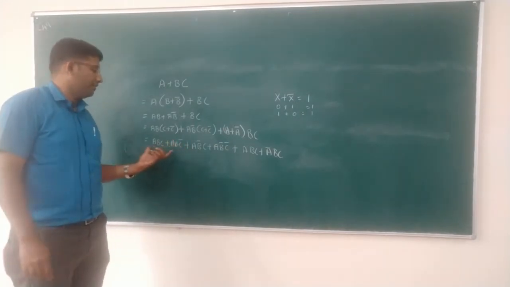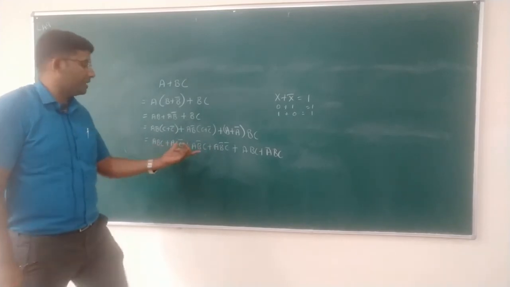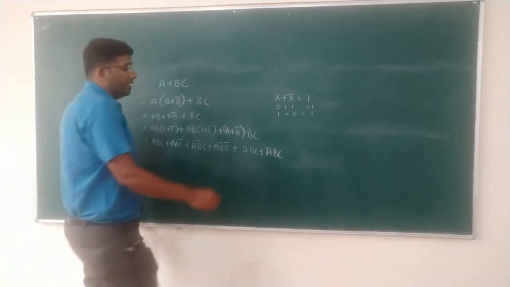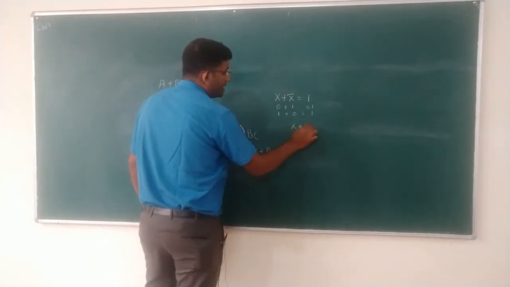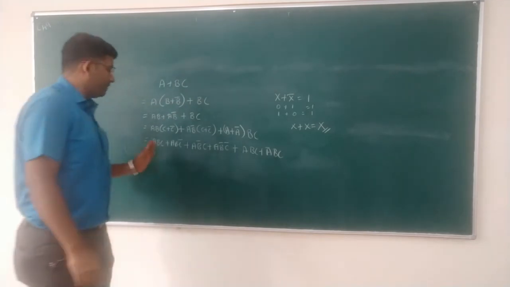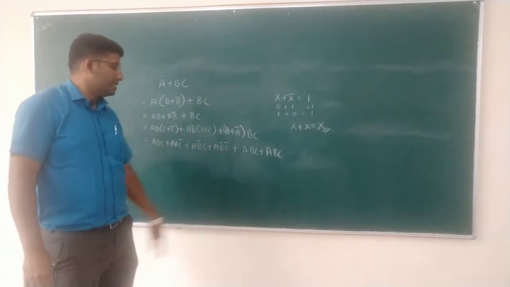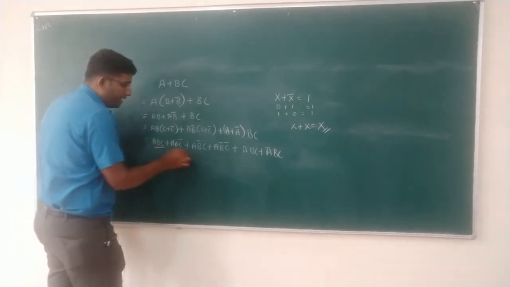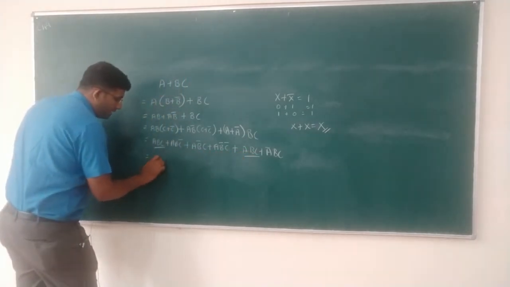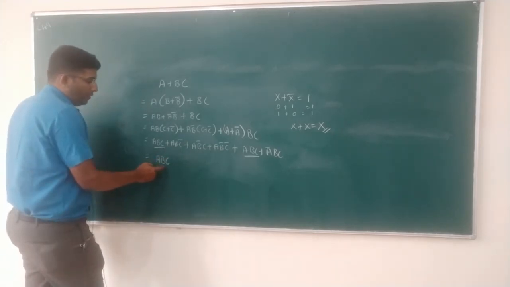If any two of the expressions are similar, we can easily replace them with a single expression. That is, if x plus x is there, we can replace it with x. Here ABC and ABC are similar, so I can write it as a single ABC. Instead of writing two, I am going to consider only one.